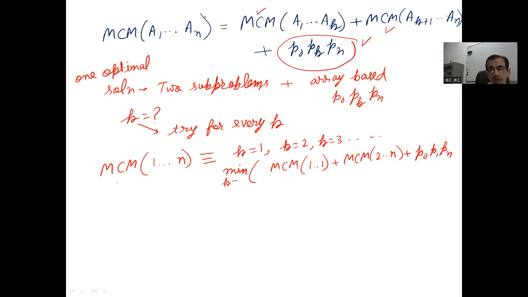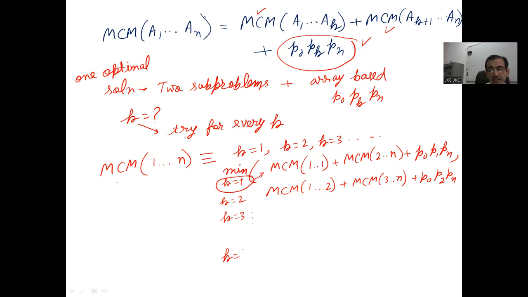Then say k equal to 2: find MCM with k as 2. So recursively find the solution for 1 to 2, plus MCM of 3 to n, plus P0, P2, and Pn. Similarly for k equal to 3 and so on.